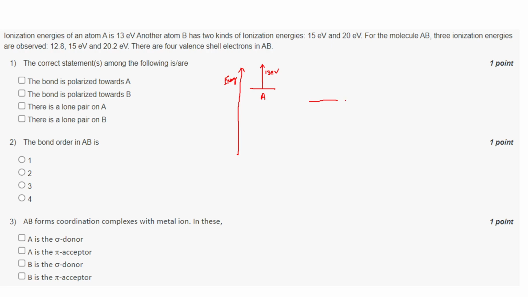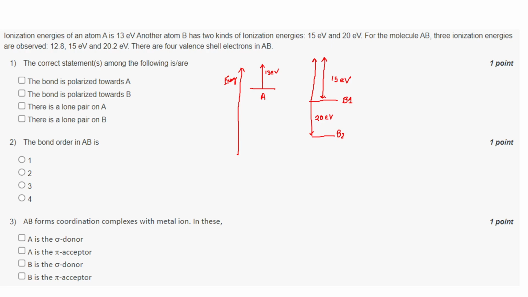This orbital is, say, B1, at 15 electron volt, and there is another, B2, which has 20 electron volt. I'm not sure why my screen is jumping so much today. Anyway, this is 20 electron volt.